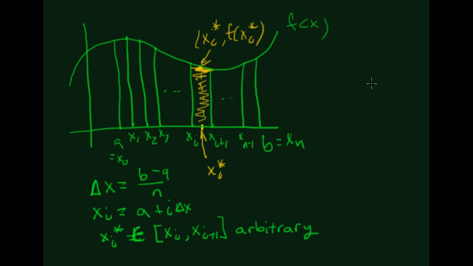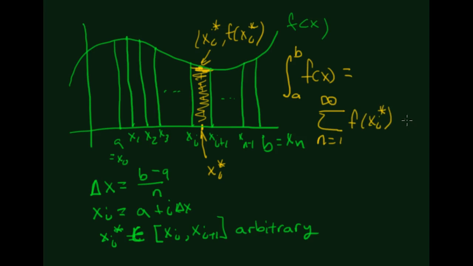Okay? And the idea here is that the integral from a to b of f of x then should be the infinite sum from i equals 1 to infinity of f of x sub i star delta x.